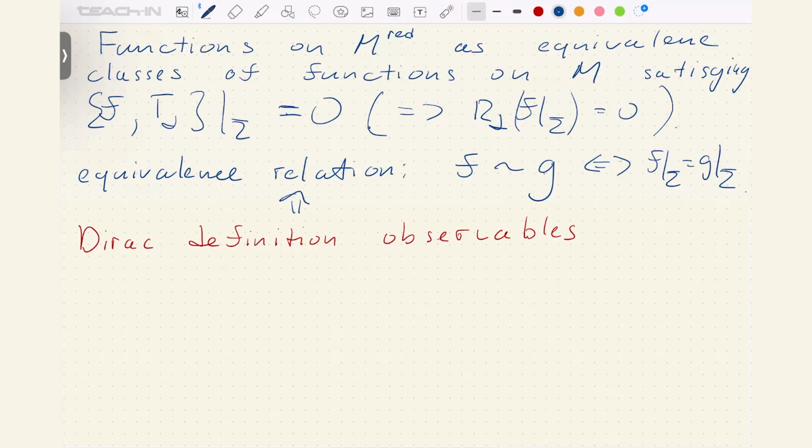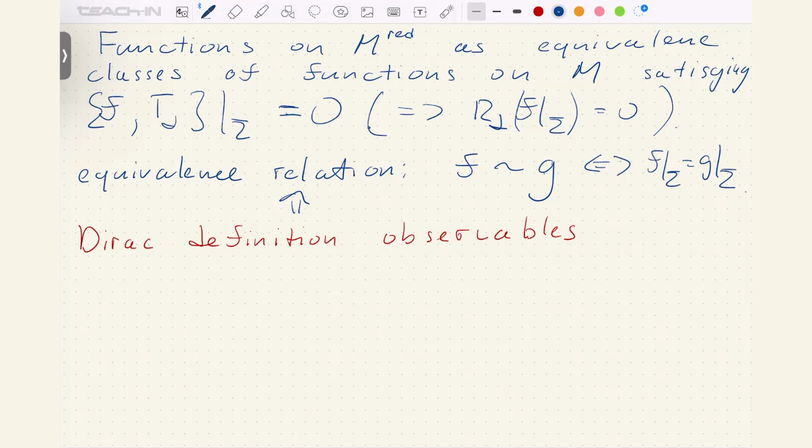What we can check now that in fact this quotient, which can be identified with functions on the reduced phase space, right? Because functions on the reduced phase space are precisely observables on sigma. So these are functions on sigma annihilated by R_alpha.